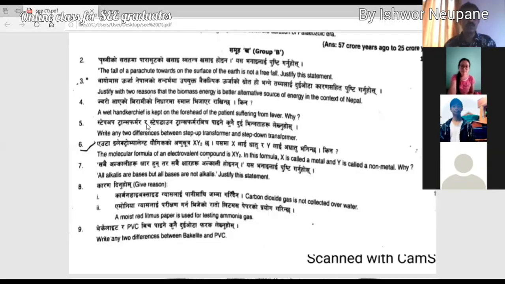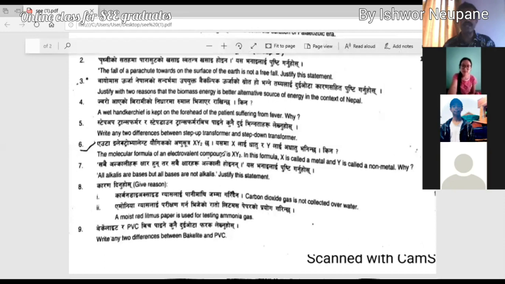Students, now question number 6. What does question number 6 say? The molecular formula of an electrovalent compound is XY2. X is a metal and Y is a non-metal. Why is X called metal and Y called non-metal?